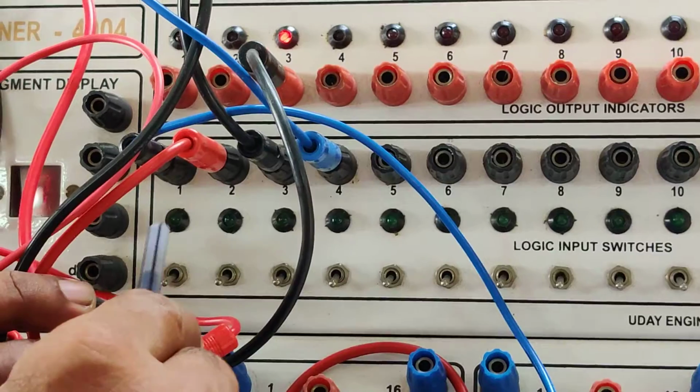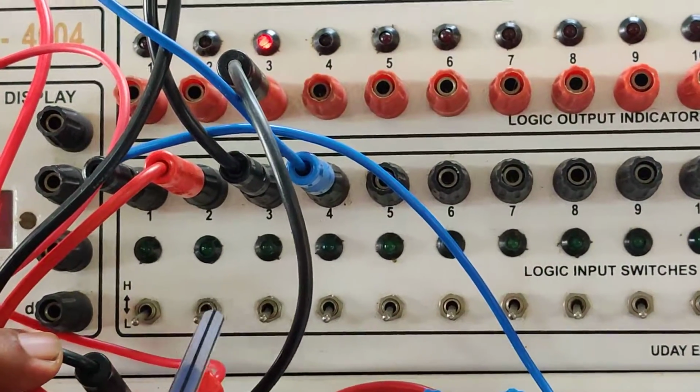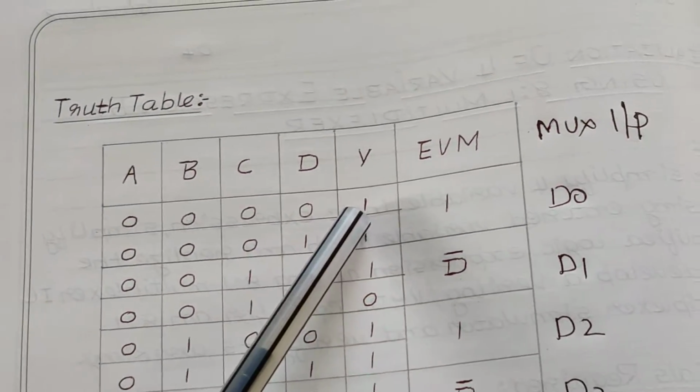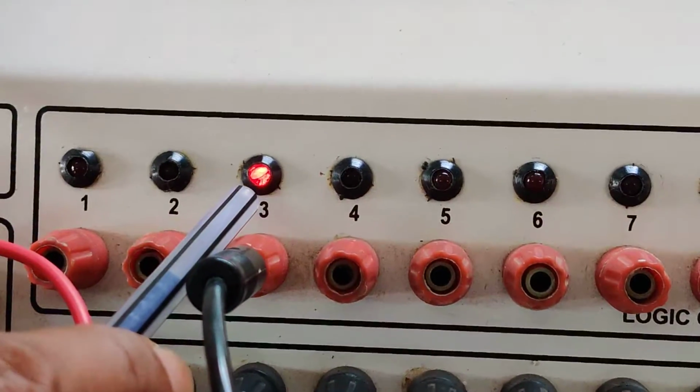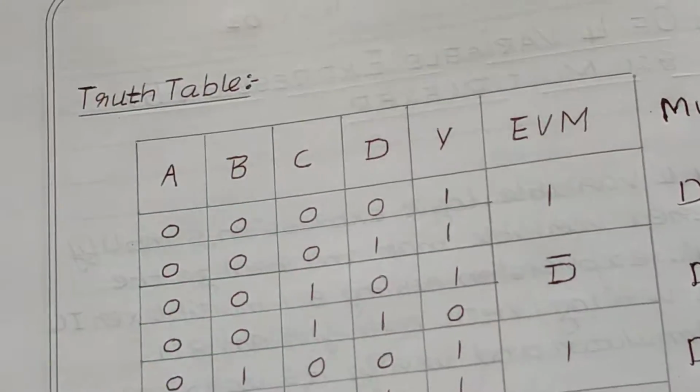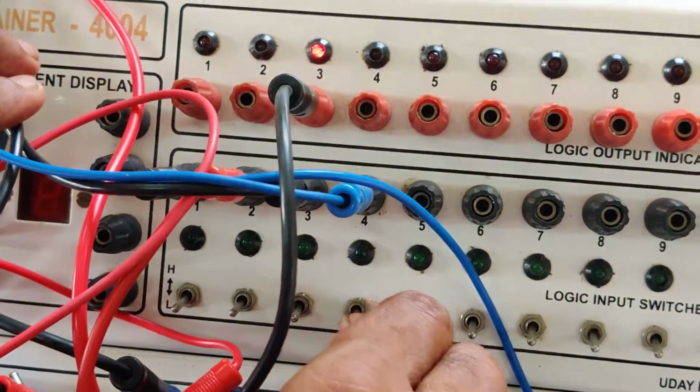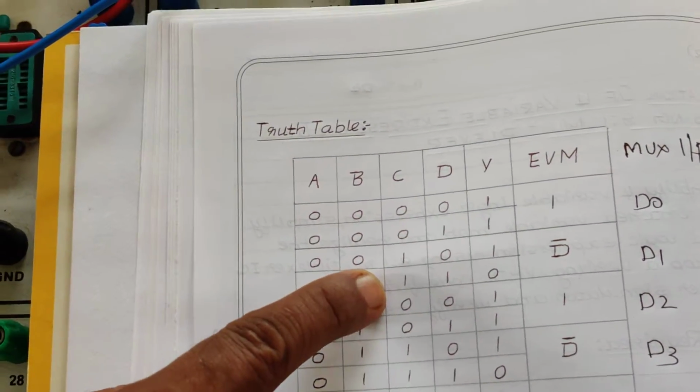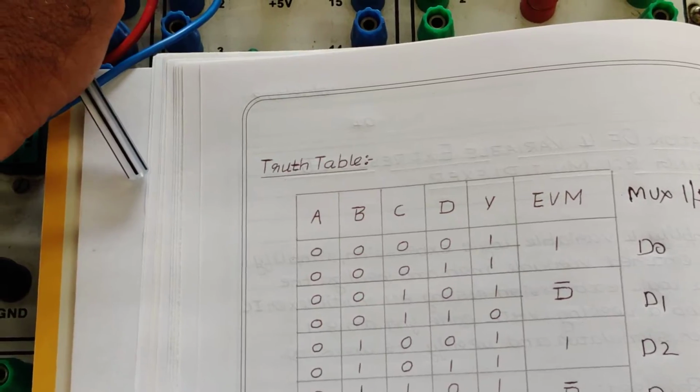So here you see control signals A, B, C, D are 0, 0, 0, 0. Now you can see for 0, 0, 0, 0 the output is 1. Now I will change to the second combination 0, 0, 0, 1. The output is 1. Let me go to the third combination 0, 0, 1, 0.